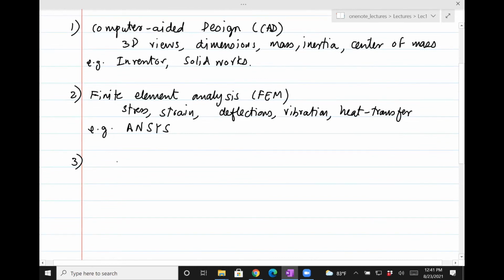So then the people who are interested in fluids, right? And fluids is important because some of the mechanical structures are subject to fluid forces. There's something called computational fluid dynamics. It's called CFD.